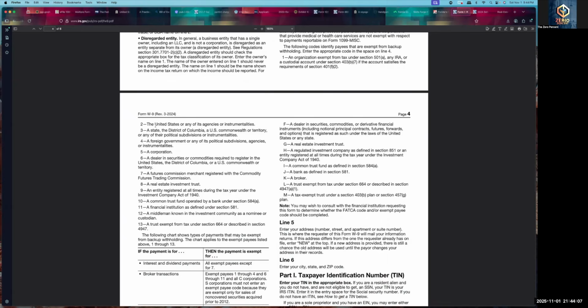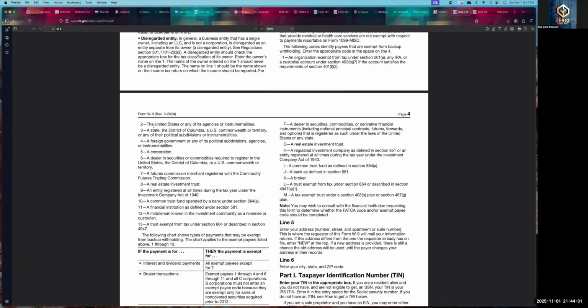Number 3, a state, the District of Columbia, a U.S. Commonwealth or territory, or any of their political subdivisions or instrumentalities. Maybe. Let's keep going. I'll go through all of them, and then you tell me what best fits here, assuming you've read some of these sections.